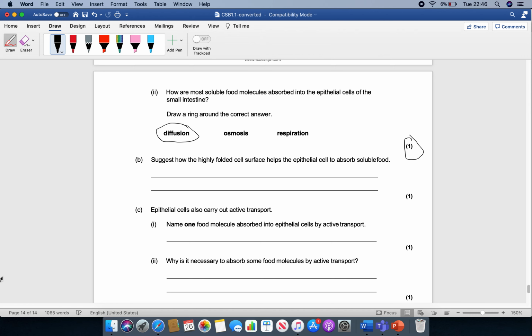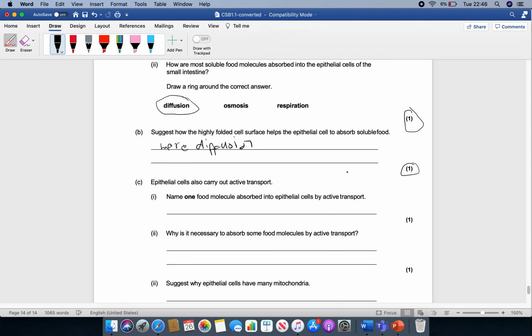Suggest how the highly folded cell surface area helps epithelial cells to absorb soluble food. So because it has a large surface area means more diffusion. You would have more diffusion. That will give you 1 mark. Next question.